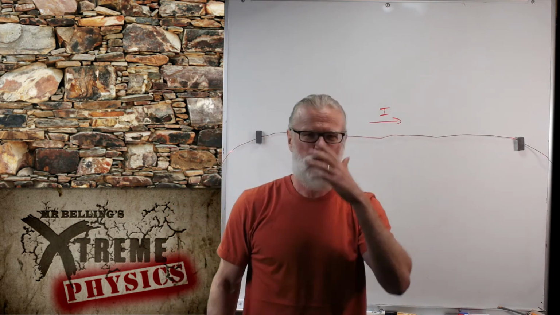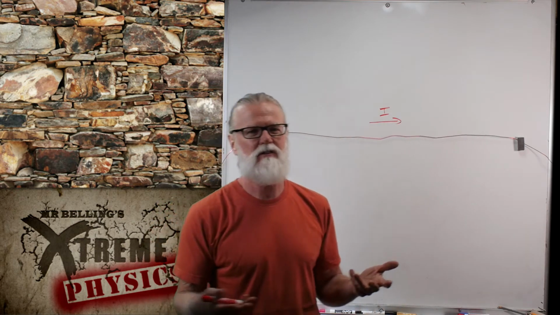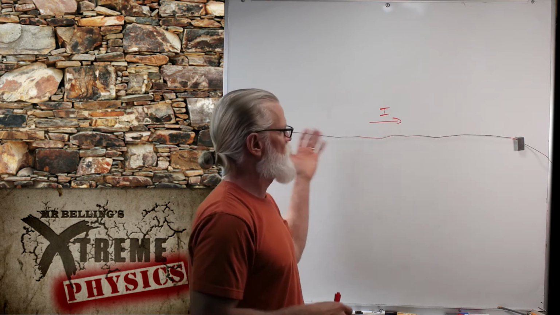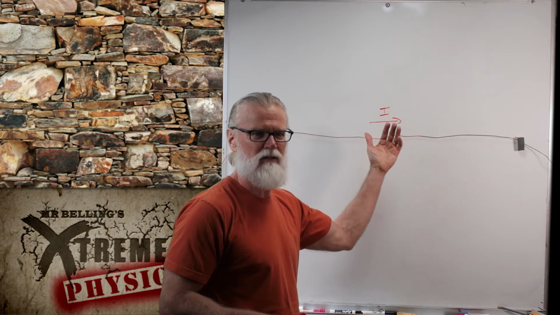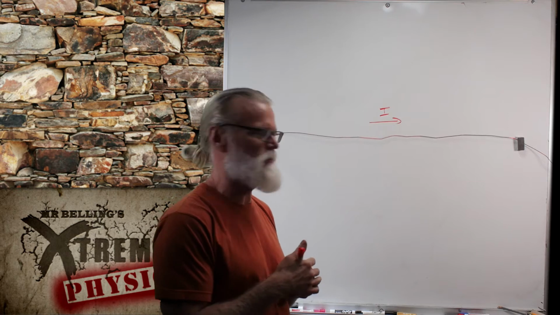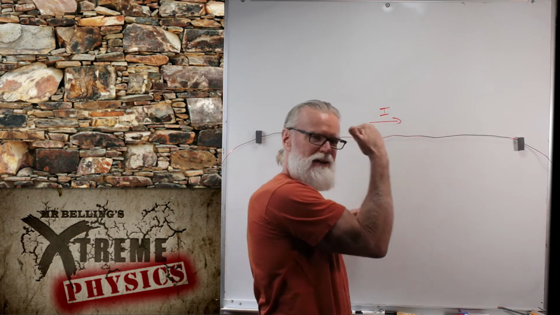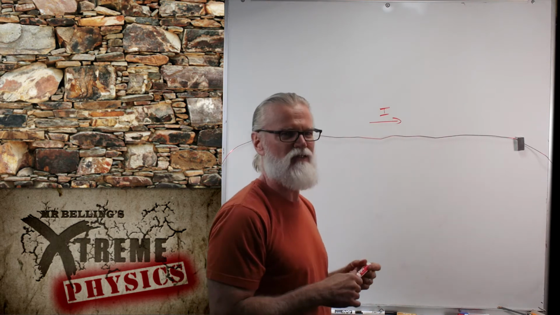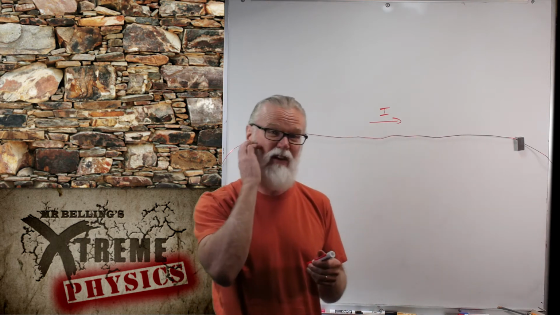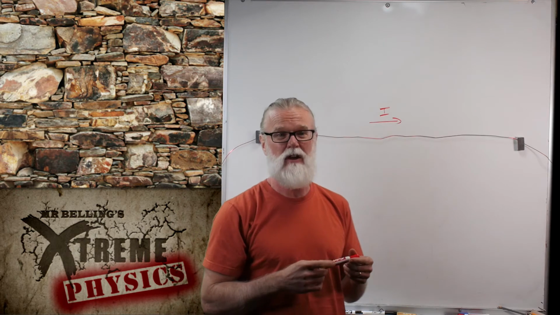So rather than try and draw three-dimensional space, we're going to draw everything in two-dimensional space. But we need to have a way to communicate things going into the board and out of the board. We need a convention for that, and the convention that's commonly used is called the arrow convention.